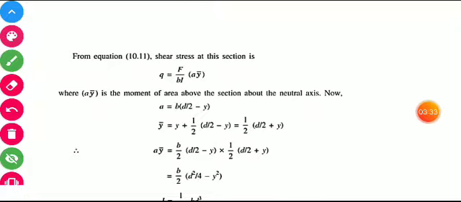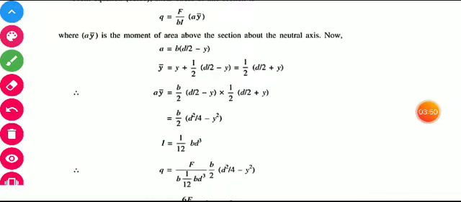So A into y bar will be equal to b into d by 2 minus y multiplied by half of d by 2 plus y. After cancelling the two terms, we derive this equation: b by 2 multiplied by d square by 4 minus y square.